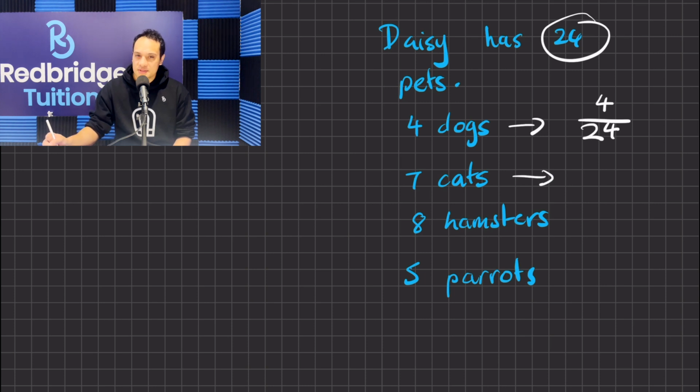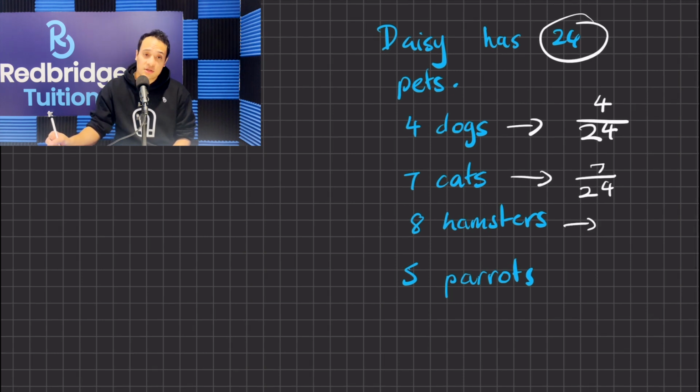Now let's do the same for cats. Have a go at that one yourself. Well, you should get 7 on top because that's how many cats she's got. And then we're going to put 24 underneath as the denominator. So 7 as the numerator, 24 as the denominator. Now let's look at hamsters.